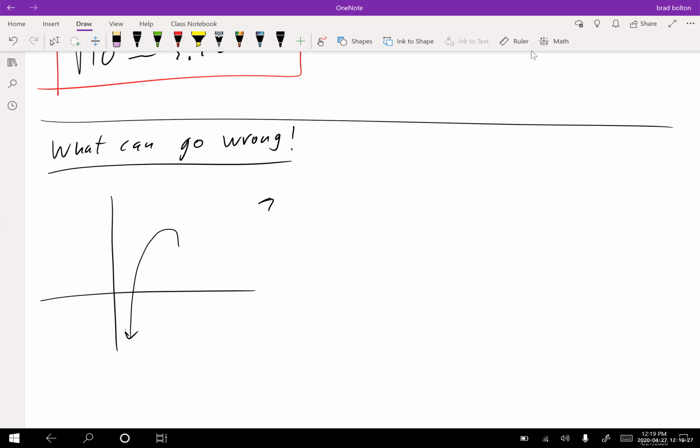I drew this kind of bad. Suppose I pick my x sub 1 to be right here. Let's say I picked that as my starting point.